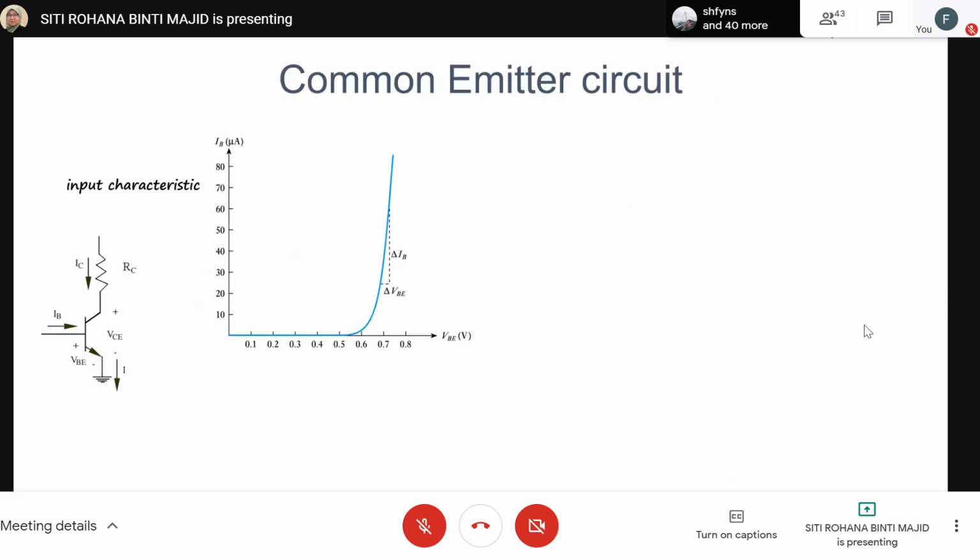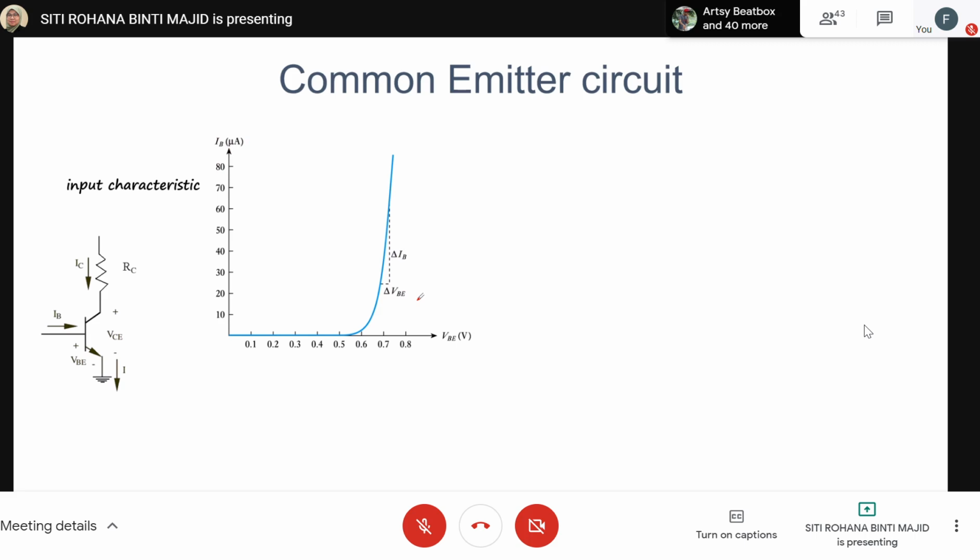The next part is the input characteristic for common emitter. This is how the input characteristic looks, which we measure between IB and VBE, base emitter. On the y axis you have delta IB and on the x axis delta VBE.